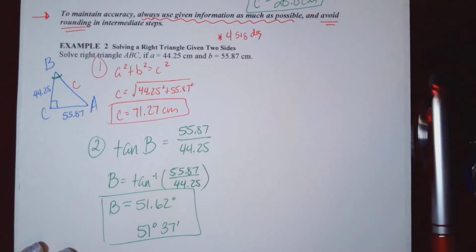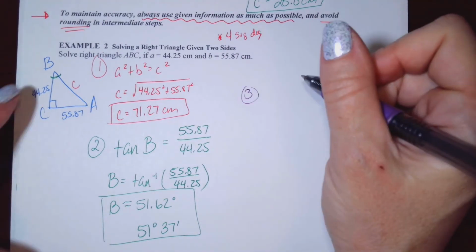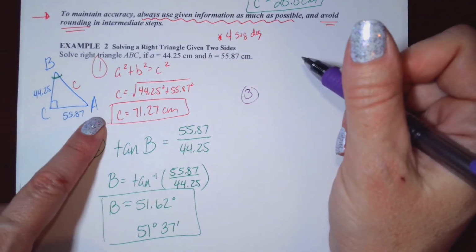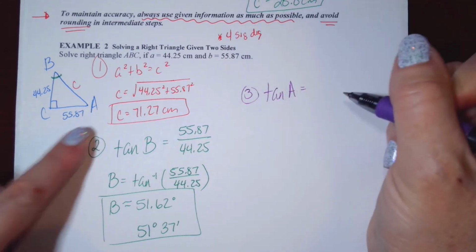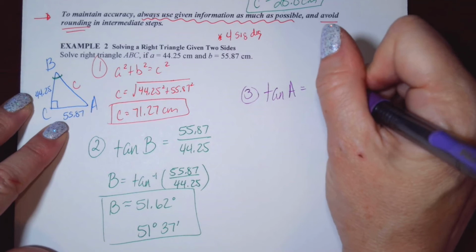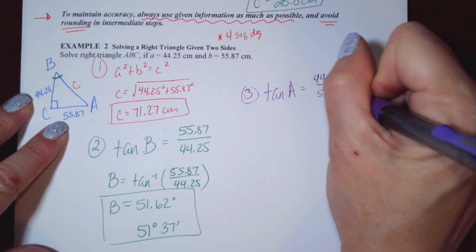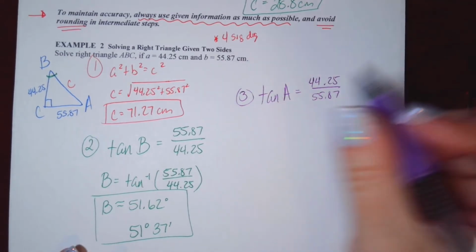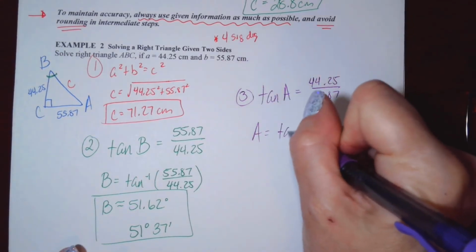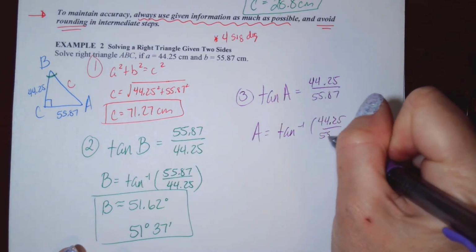Alright, and then my third missing piece is angle A. We're going to use tangent again because that uses just my given information. Tangent of A is the reciprocal of the tangent of B. It would be the cotangent of B. So angle A is going to be tangent inverse of that value.